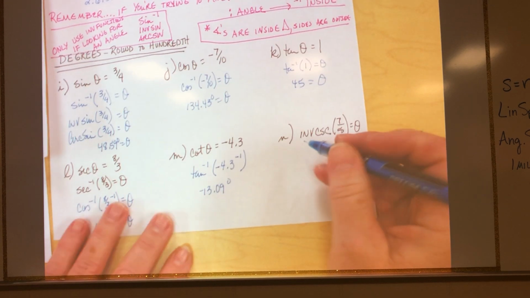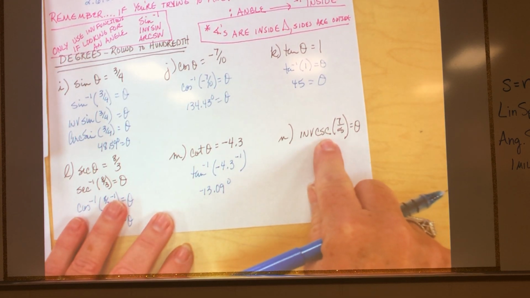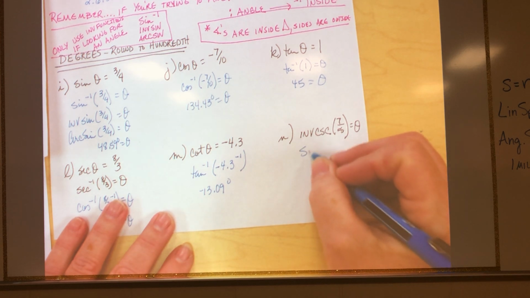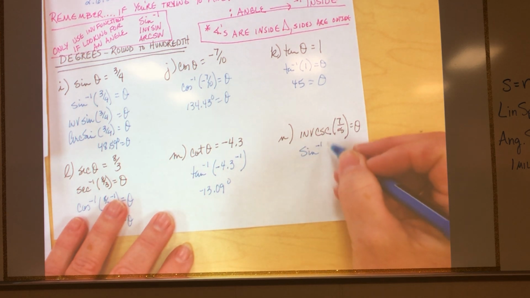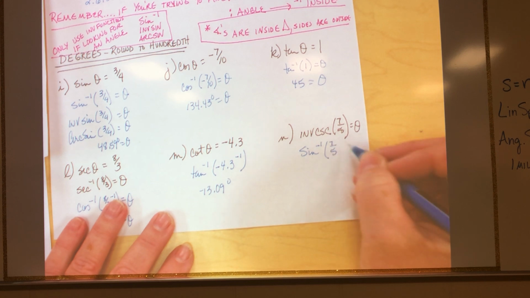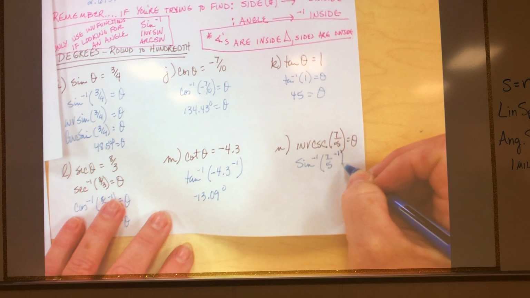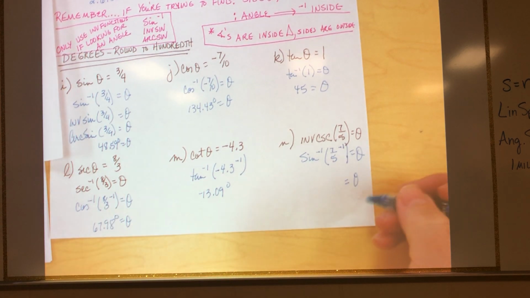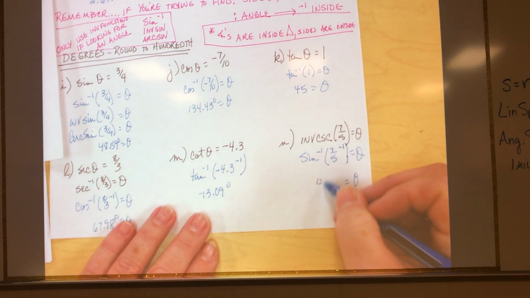On this one, I'm still working. Cosecant, what's the reciprocal of cosecant? Sine. You have to know those, guys. 7/5. I'm looking for an angle, so it goes on the inside. And theta should be, what'd y'all get? 45.